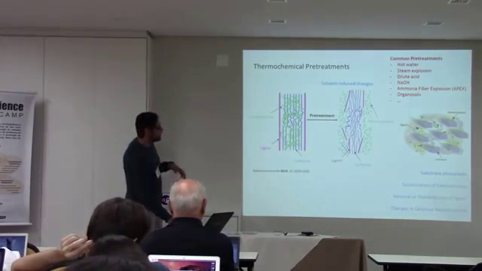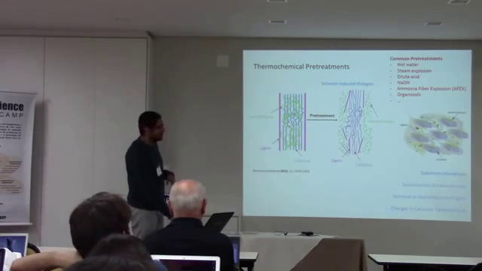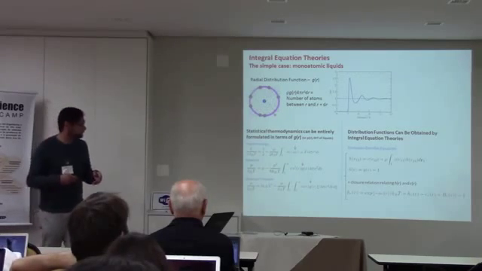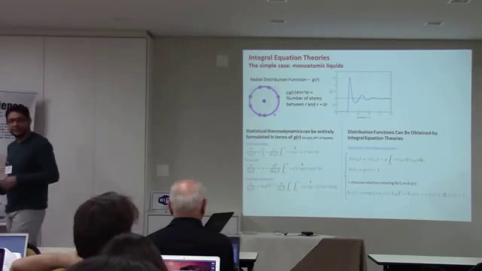So I'm going to present just the idea of this methodology so you can have a feeling of how it works. It's based on the radial distribution function formulas of statistical mechanics.